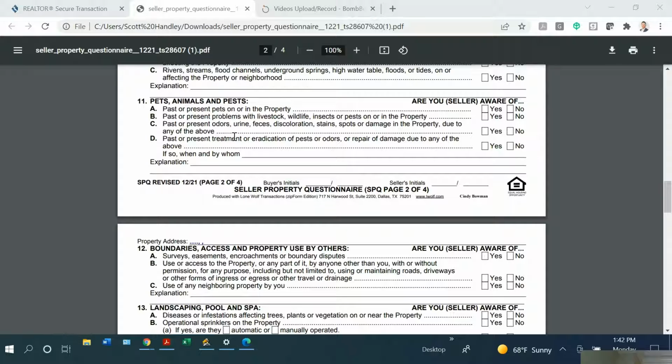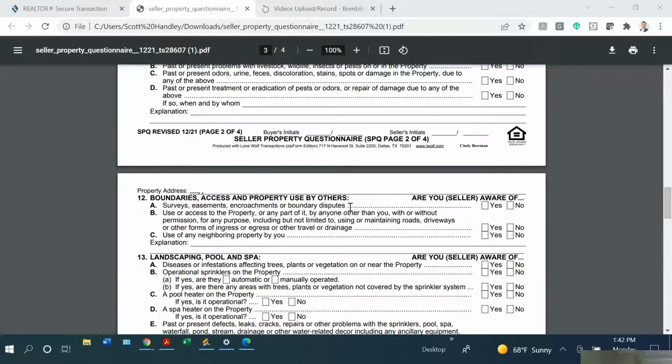Past or present odors, urine, feces, discoloration, stains, spots, or damage in the property due to any of the above, yes or no? Past or present treatment or eradication of pests or odors or repair of damage due to any of the above. If so, explain. Again, if these lines aren't big enough, a TOA kicks in, or you could put see addendum.